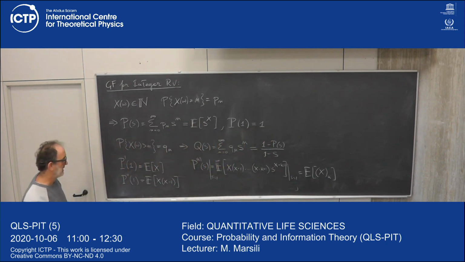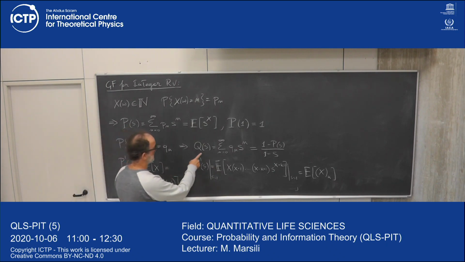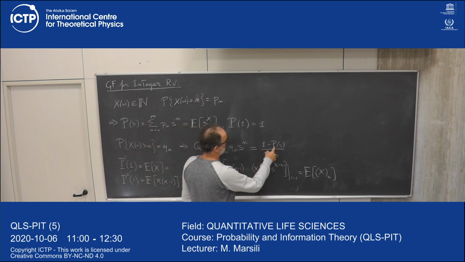Okay, so in principle you can get all the moments from the derivatives of the generating function at 1. And also another interesting property is that if you take the limit as s goes to 1 of q, you see that p of s goes to 1, but also s goes to 1.